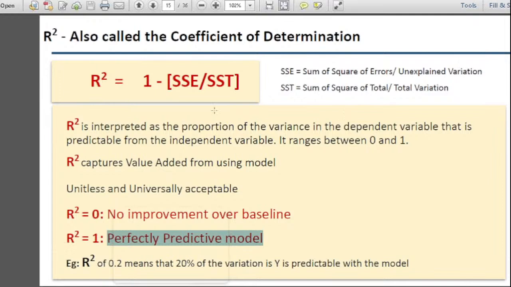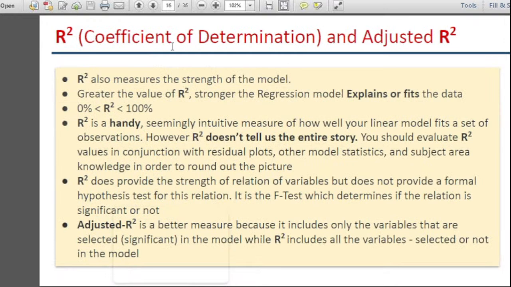Okay. So till here it's clear. R square is clear. What is R square? How is it calculated? What does it signify? Okay. R square measures the strength of the model, right? Greater the value of R square, stronger the regression model explains or fits the data, right?